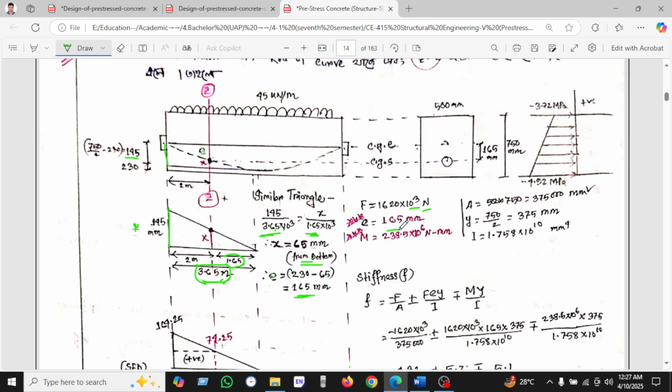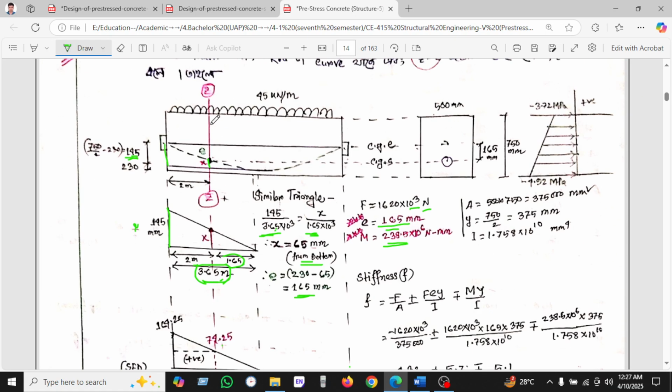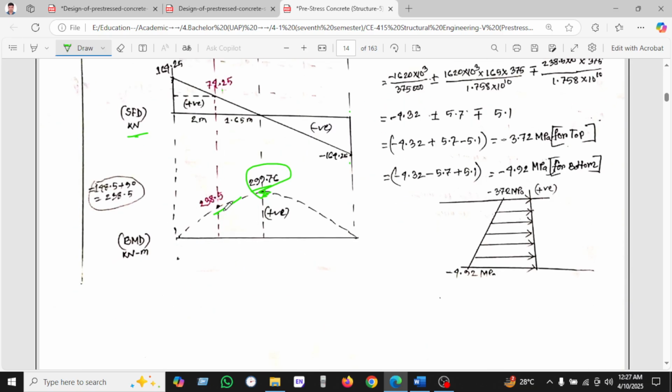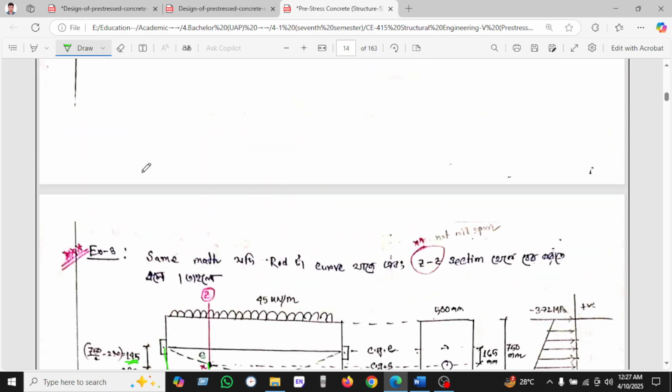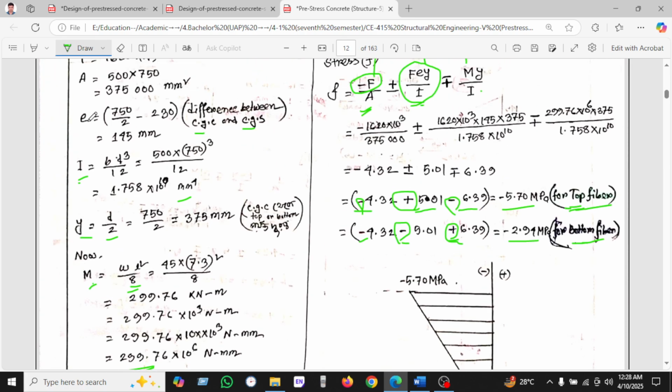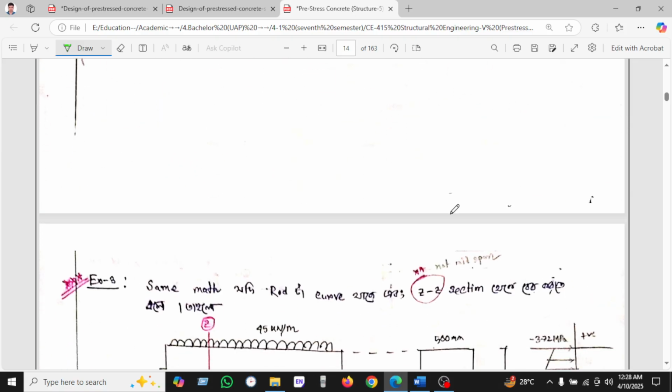And the eccentricity, our first eccentricity was 145, but now we are calculating the new eccentricity for this section, so the eccentricity is taken as this one, 165. And the moment we are not taking as maximum moment because we are calculating at this section. That's why we are taking this moment 138.5. A remains the same, Y remains the same, and IY also remains the same as we calculated previously. So that's why we are not calculating I and Y again.